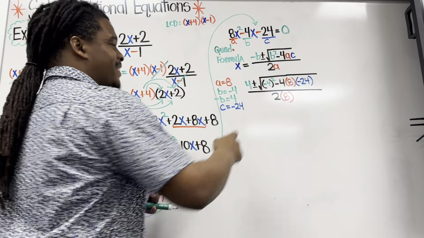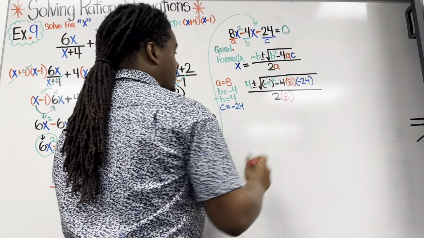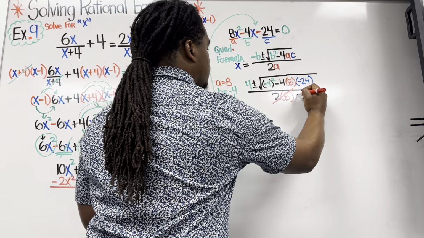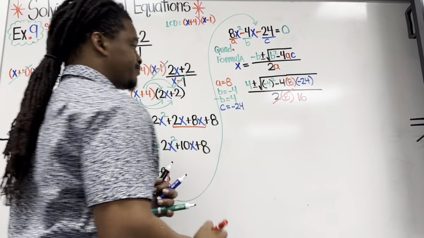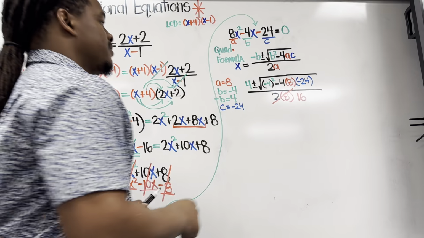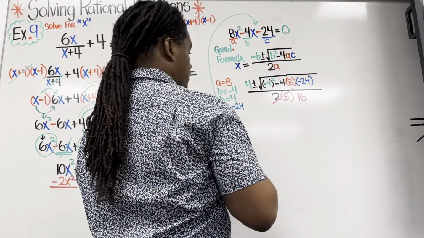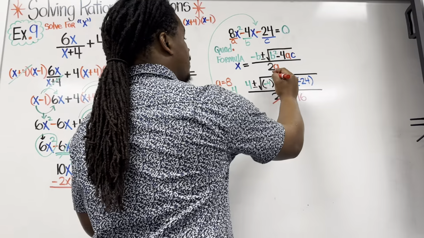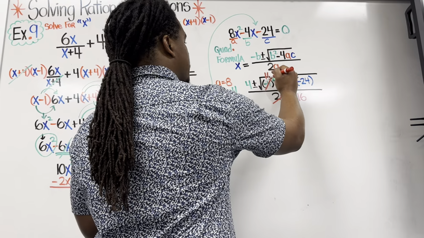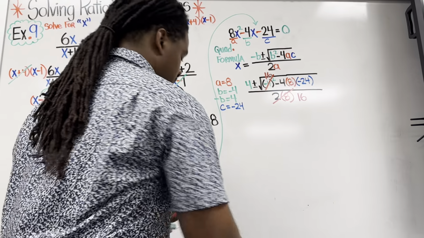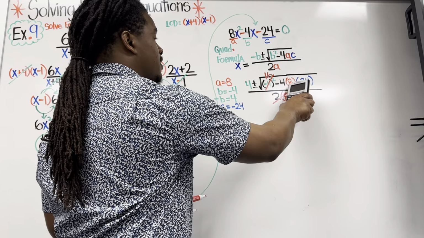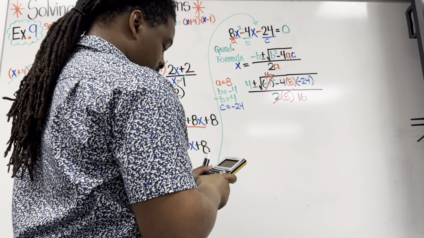We already know that 2 times 8 is 16. The -4 squared is 16, because -4 times -4 is 16. And here I have -4 times 8, which is -32.